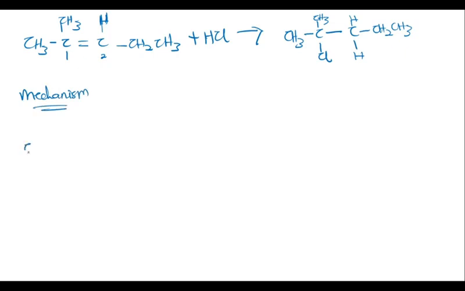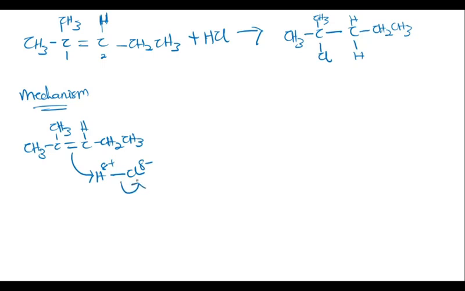So if we have our compound over here, CH3, doubly bonded to C, H, CH2, CH3, our HCl will come in this form. This is partially negative, and this is partially positive. So the double bond will attack the proton, expelling the electrons onto the chlorine.